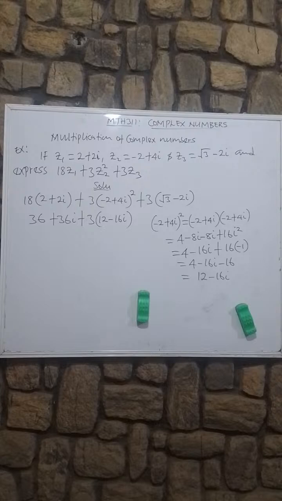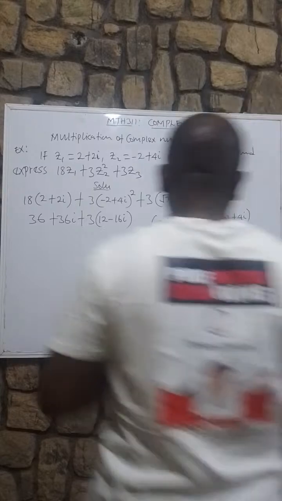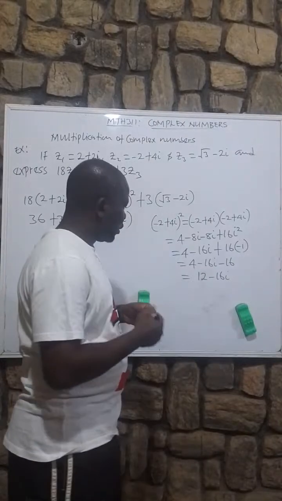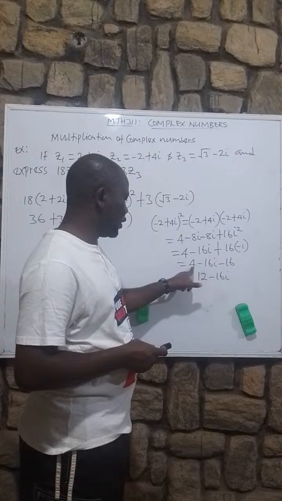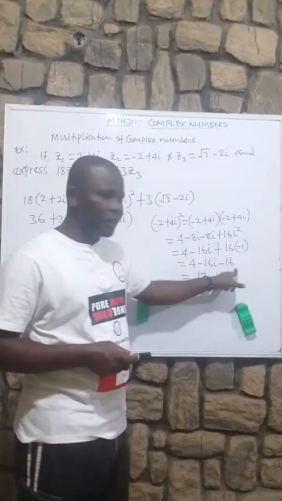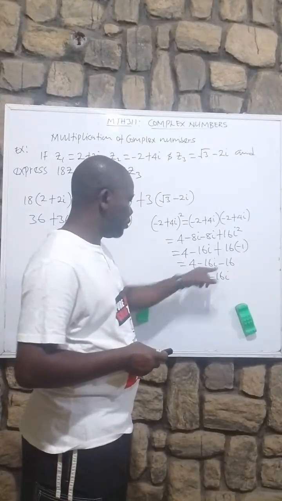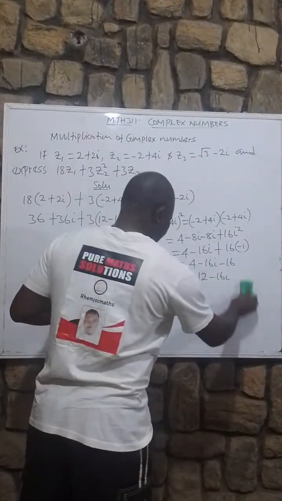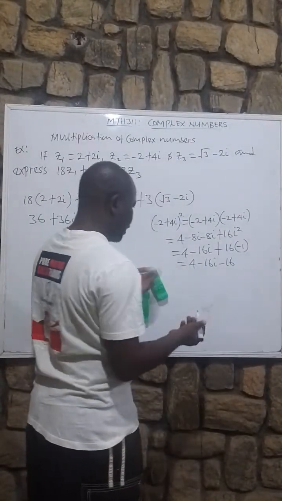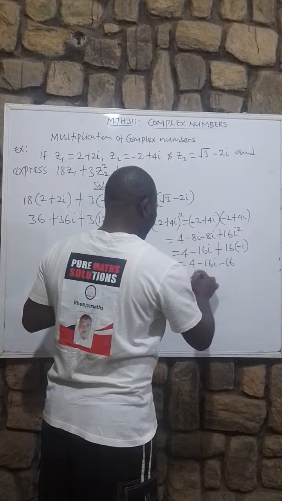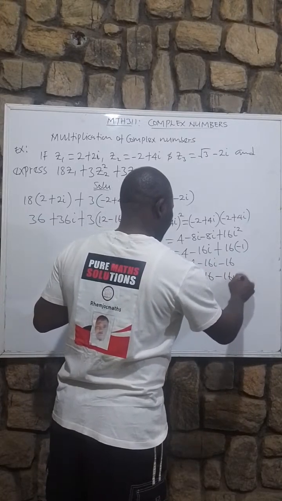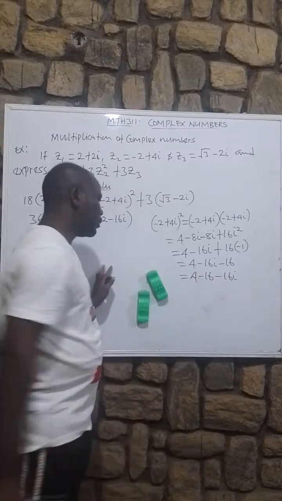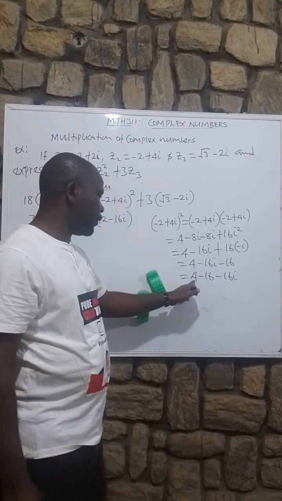Okay. Yeah. Look at it now. Look here. This is real part. This is real part. True or false? This is imaginary part. So let's do it this way. We collect like terms. It means 4 minus 16, minus 16i. 4 minus 16.